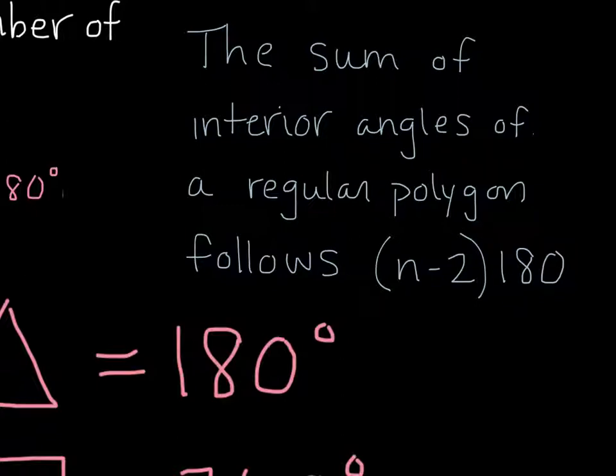So that's the major idea. If you need to find what all of the interior angles of a polygon add up to, you take the number of vertices you have, that's n, you subtract 2 from it, and then you multiply that by 180.